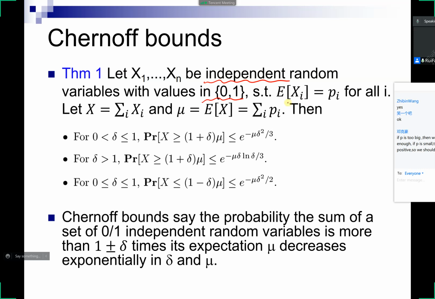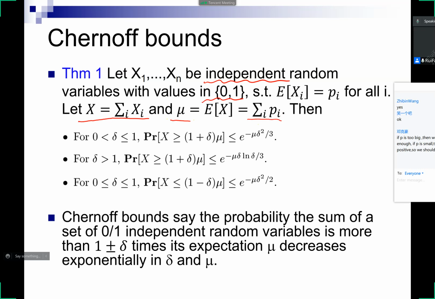For the ith random variable, it has a probability pi of being 1 and a probability 1 minus pi of being 0. Now let x be the sum of all of these random variables, and let mu be the expectation of x, which is simply the sum of all of these individual expectations.